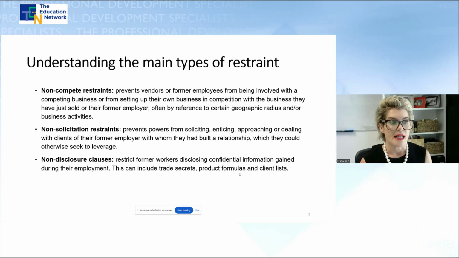Looking at non-solicitation restraints. So looking at the powers that would preclude somebody from soliciting, enticing, cajoling, approaching, or dealing with people who are involved in that former business. So whether they are the former employee or the business that they have just sold.